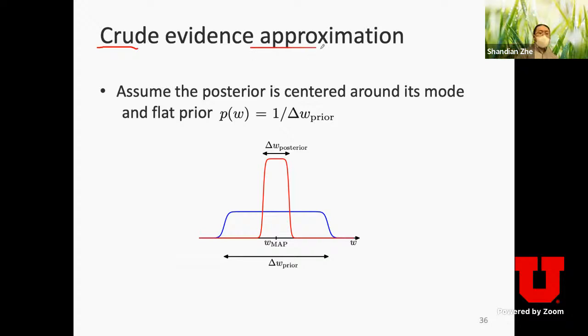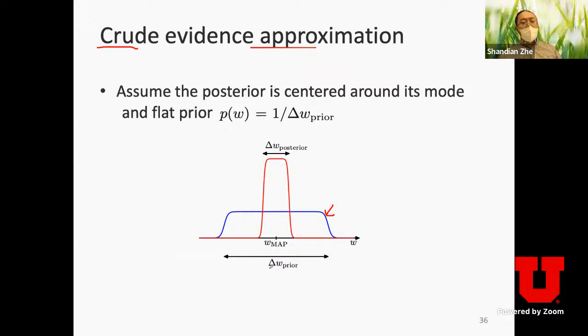Okay, so we assume both the prior and the posterior are kind of flat, but the ranges are different. The prior, indicated by this blue line, you can view as much wider, roughly like a uniform distribution. The posterior distribution is centered around its MAP estimate, but with a smaller range.